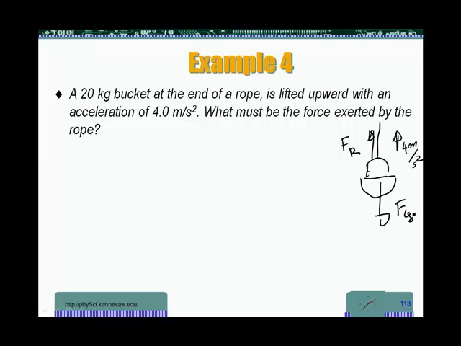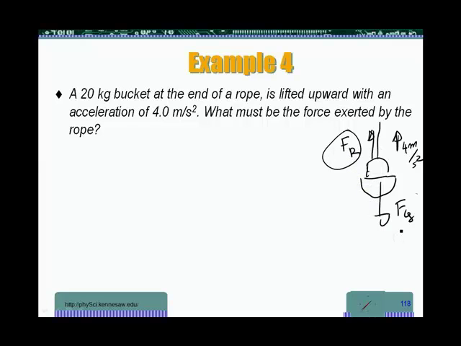Now, to be able to find the force of the rope, we might need to find F sub g first. Okay. Now, look at what we have here. Fr along the vertical, Fg along the vertical, but they are in opposite directions.